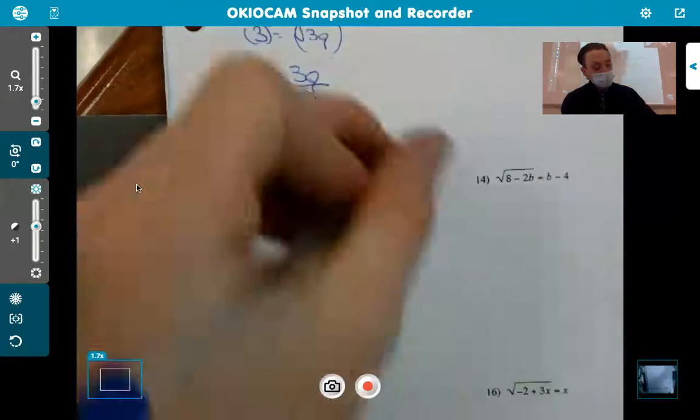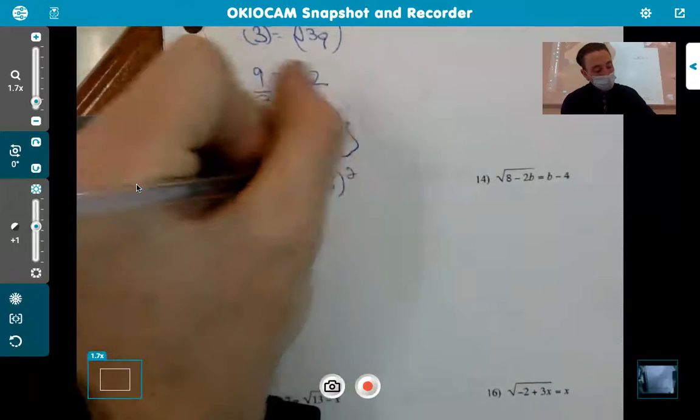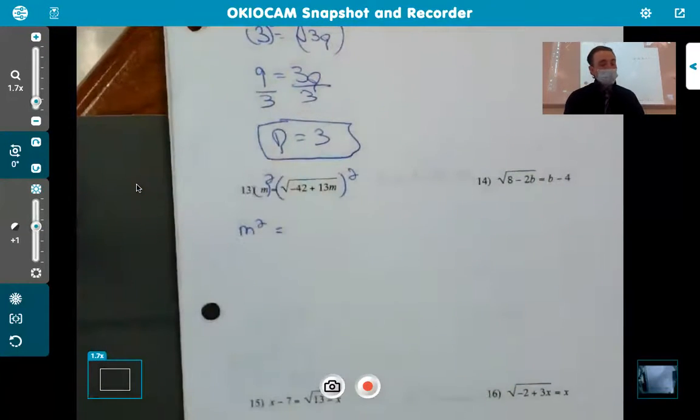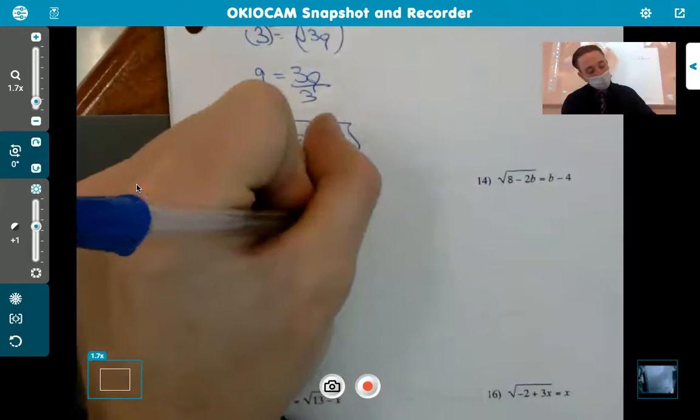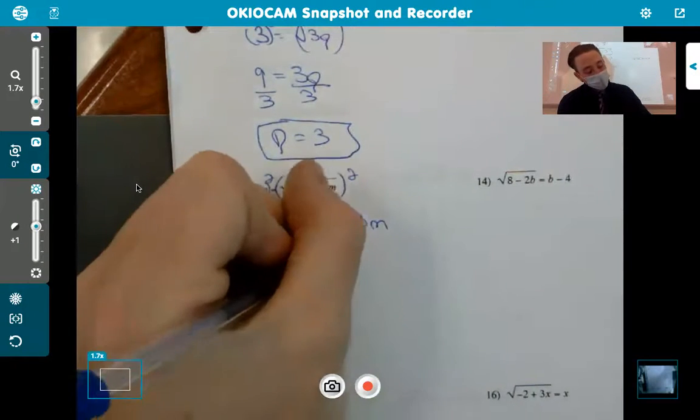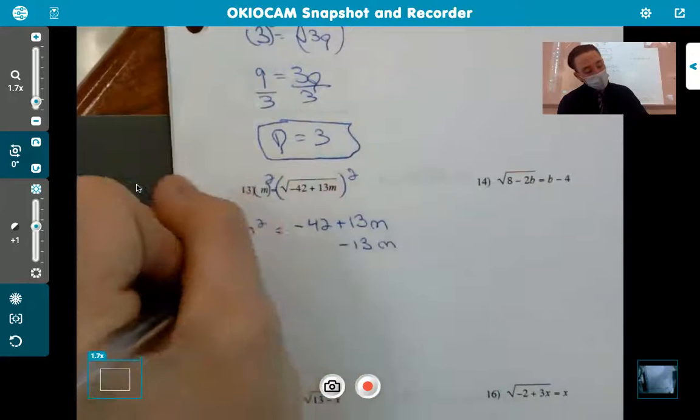I have my radical that's isolated. Well, on the left-hand side, I'll get m squared. What do I have on the right-hand side? What's that become? Right, negative 32 plus 13m, just whatever's inside my radical. Well, notice that I have an m squared again.